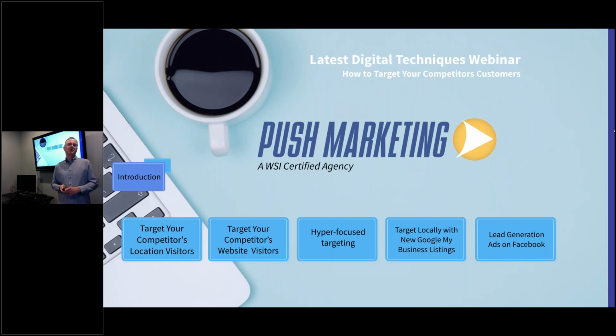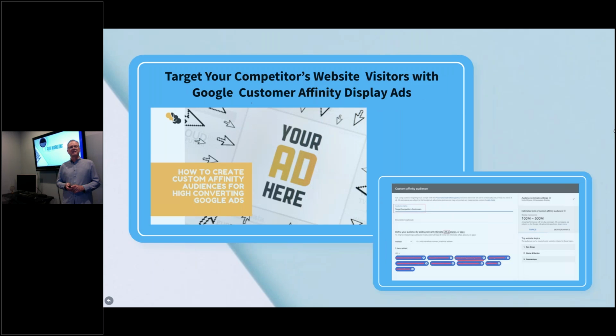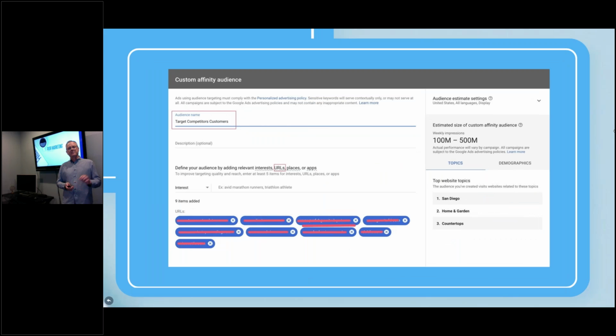Let's talk about targeting your competitors' website visitors. This is done on Google with a tool called Custom Affinity Audiences. We go into a setting in Custom Affinity Audiences, and the setting is URLs. So we take all of our competitors' URLs and key them into this campaign, and it brings back the top website topics in the lower right.